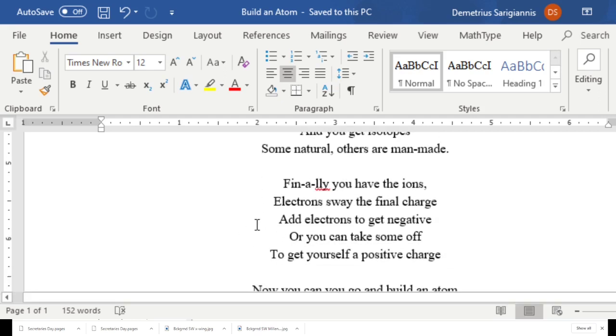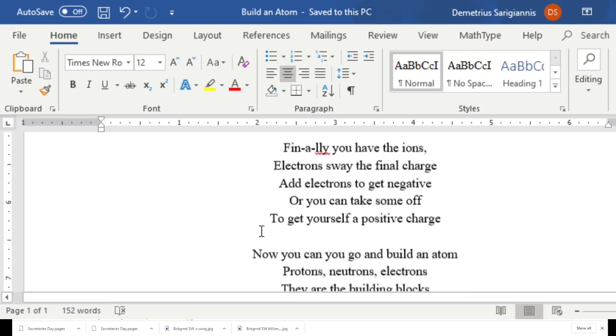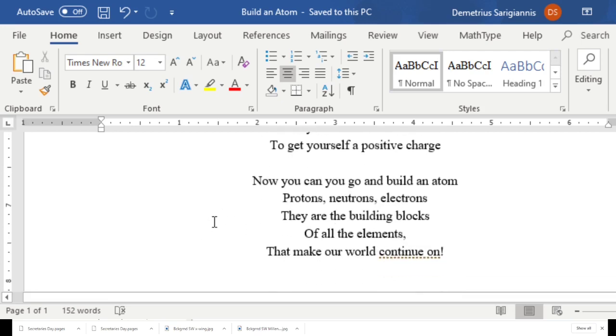Finally, you have the ions. Electrons sway the final charge. Add electrons to get negative, or you can take some off to get yourself a positive charge. Now you can go and build an atom. Protons, neutrons, electrons. They are the building blocks of all the elements that make our world continue on.